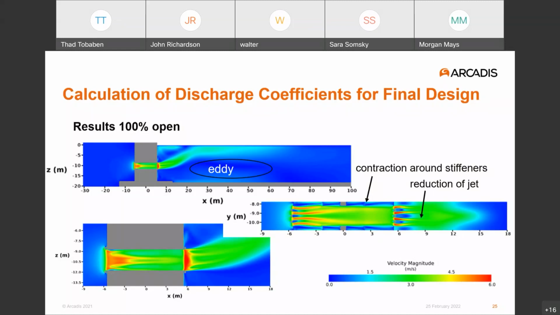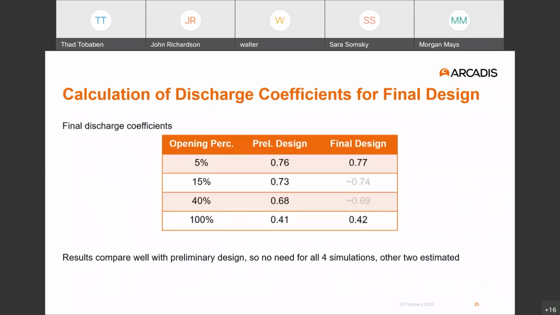And the other thing that these simulations showed collectively was that the braking bar design was doing at least a better job than the preliminary design of breaking up the jet flows exiting the leveling system. Just to give you a sense of some of the results, initially with the preliminary design for each of the 4 opening conditions we looked at, we have discharge coefficients in the center column of 0.76, 0.73, 0.68, and 0.41.